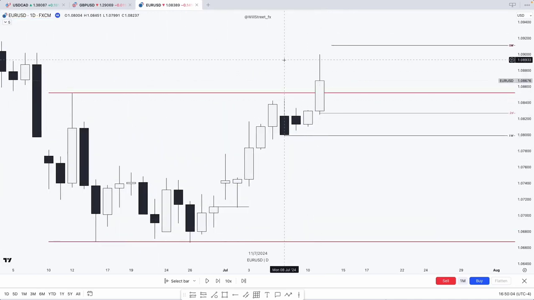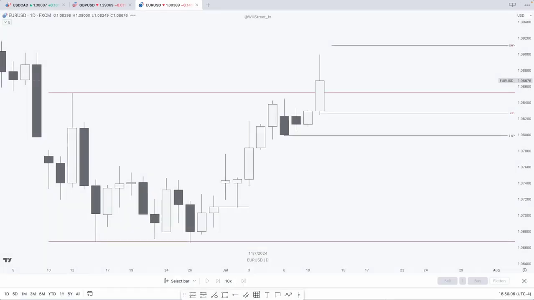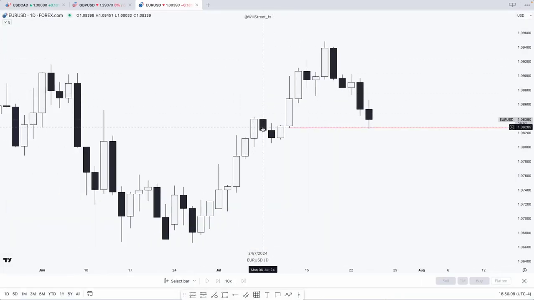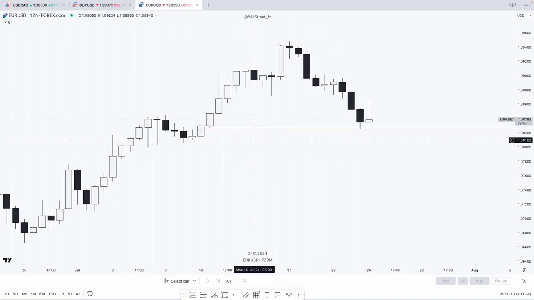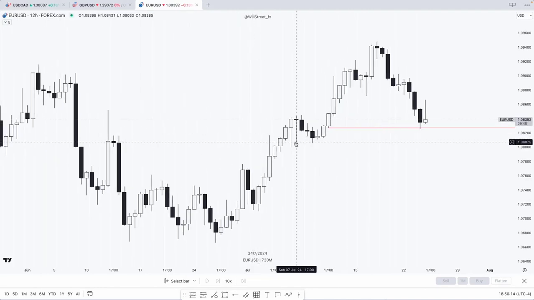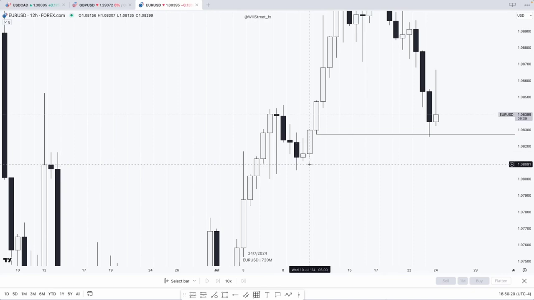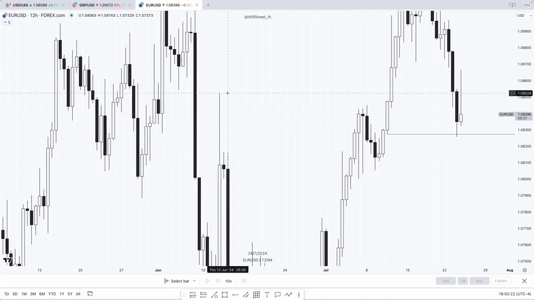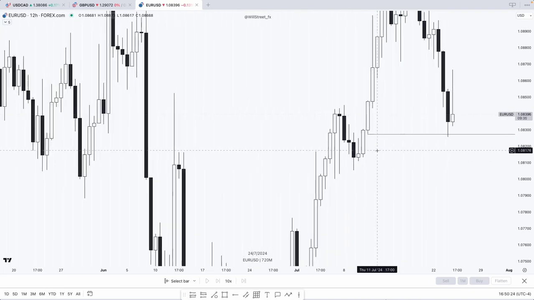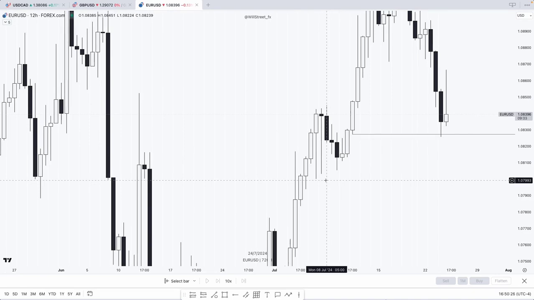Maybe in Forex.com. I think this was an SMT here, and finally completes this one. Okay, this model is clear also.